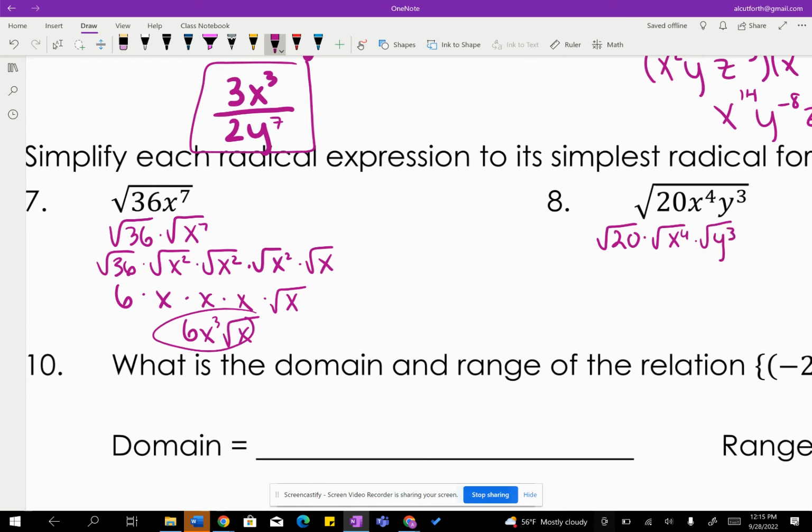But now 20 is not a square root, so you're going to have to find the perfect square that divides 20 and break that up into 2 numbers. So go ahead and try number 8.